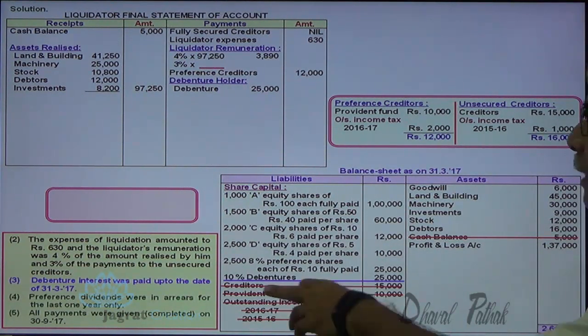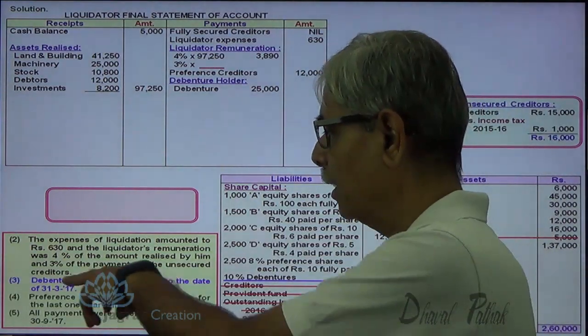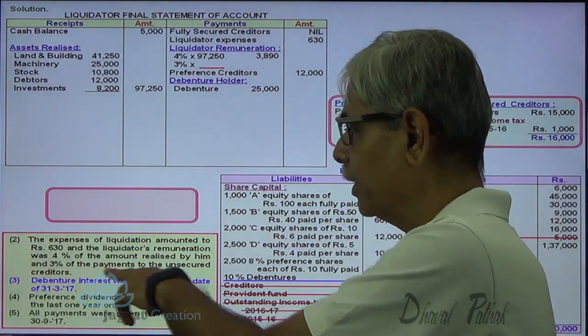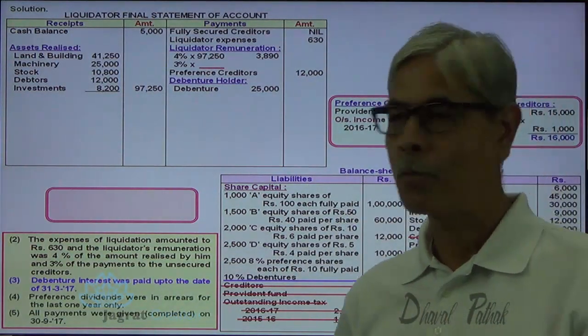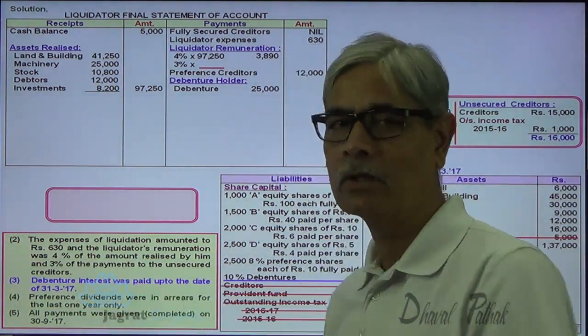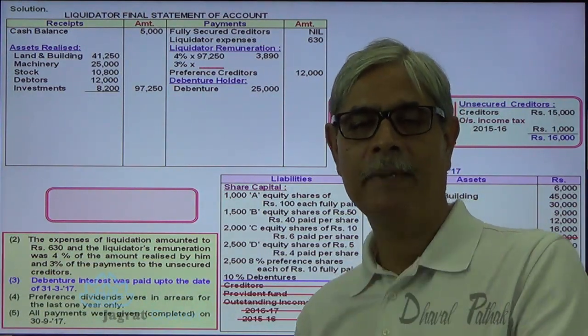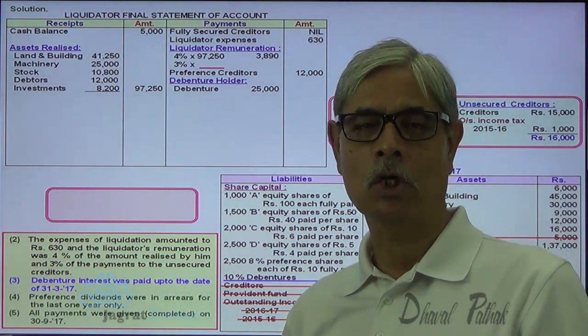Now, for the 10% debentures, interest was already paid up to 31st of March 2017, but all the payments were made on 30th September. So should I pay 6 months interest to these debentures or not?